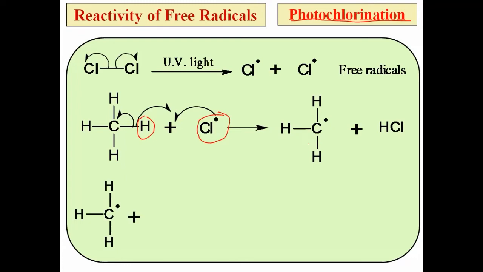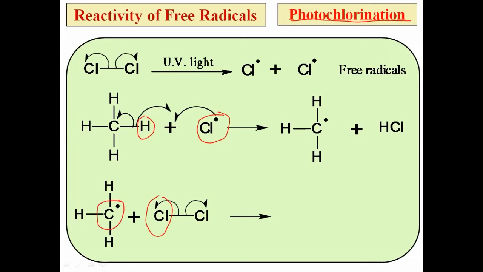Now this methyl free radical further reacts with another molecule of chlorine, and again that chlorine molecule undergoes homolytic bond breaking. There is a decomposition. Now one chlorine has one electron, the second chlorine has the second electron. This chlorine which has an unpaired electron and this carbon which has an unpaired electron share their electrons to form a covalent bond between carbon and chlorine, while the other chlorine again acquires an unpaired electron.